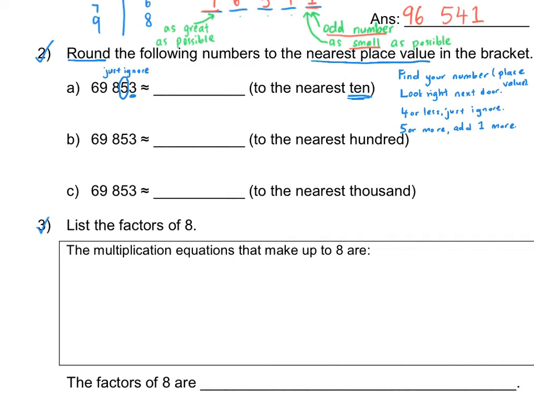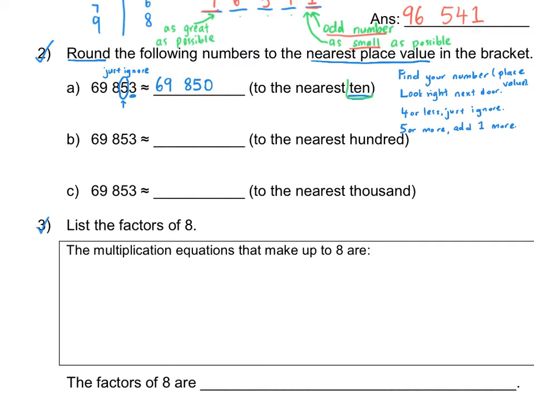And therefore we copy the numbers in front. Okay, they remain the same, 69,800. Now this 5 you have to decide. Do you add 1 more or do you let it remain the same? In this case, because it's just ignore, it remains the same. Whatever comes after the circle becomes a 0. So now, before we move on to the next question, we just do a check.